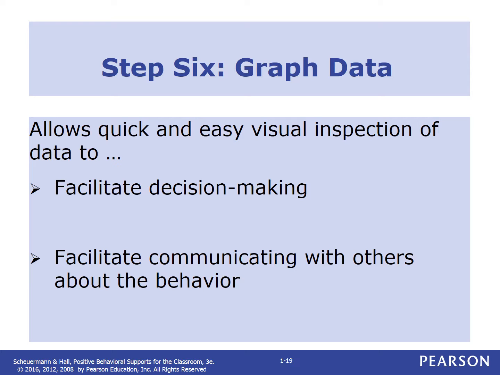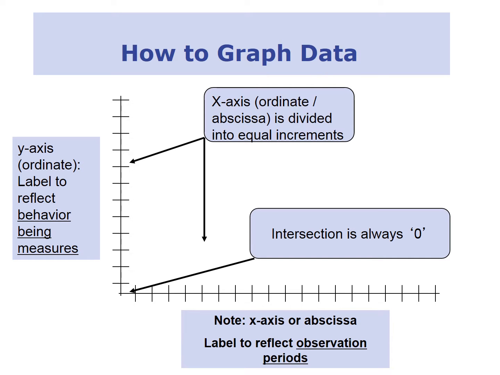Step 6. Graph data. Allows quick and easy visual inspection of data to facilitate decision-making, facilitate communicating with others about the behavior. How to graph data. Y-axis, ordinate, label to reflect behavior being measured.